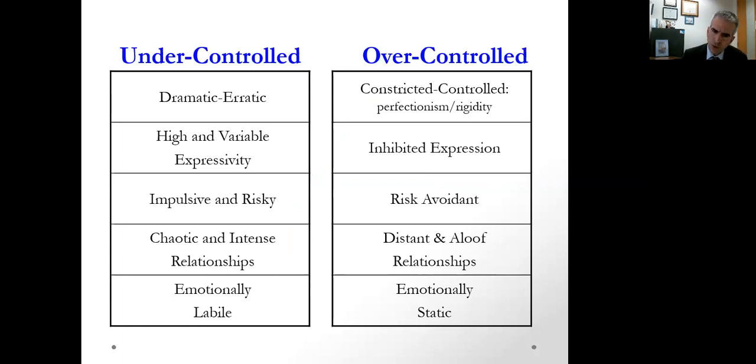The under-controlled, an example would be borderline personality disorder. And on the over-control side, like OCPD, you have a tendency towards constriction and control, perfectionism, rigidity, a more inhibited, emotionally over-controlled expression, and more tendency to avoid risks. That goes along with the delay discounting finding I was just telling you about, where they were more apt to delay reward.